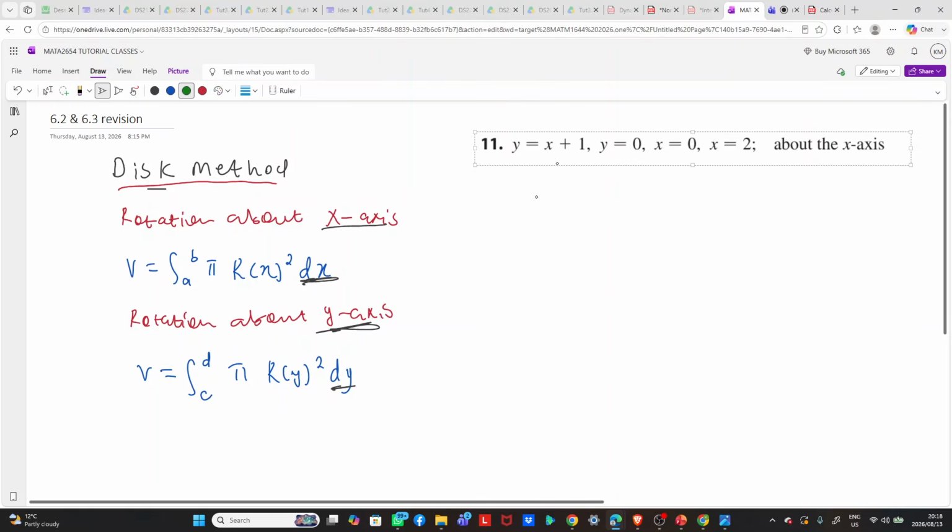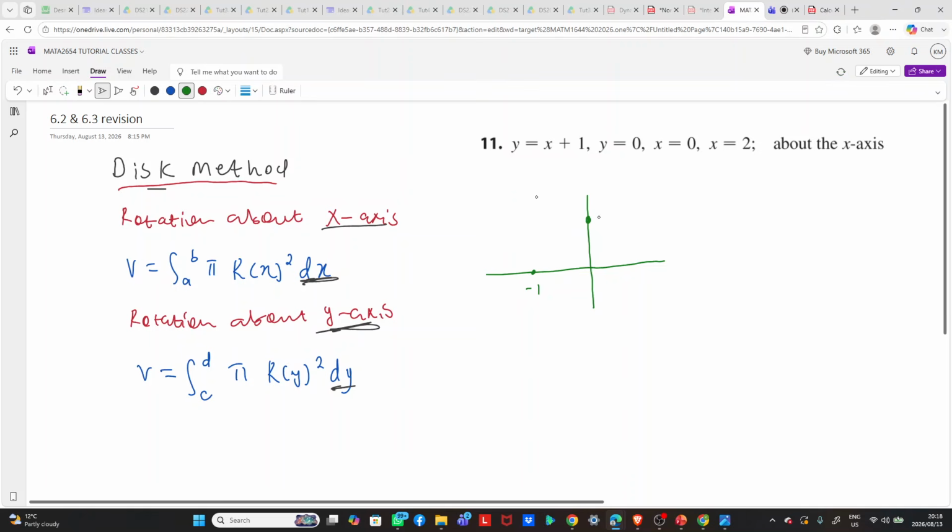So if we were to sketch this function, you would have something like this. The line y equals x plus 1 intercepts at 1, and it also intercepts at minus 1. So I need something more or less like this. It will intercept here and there.